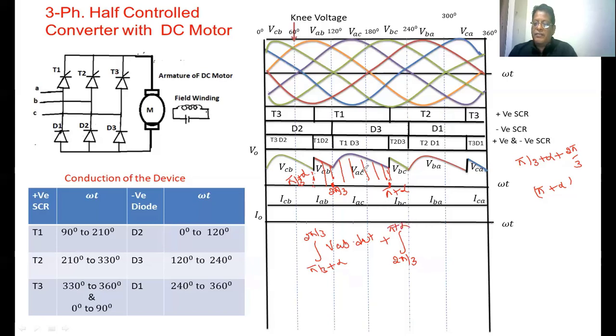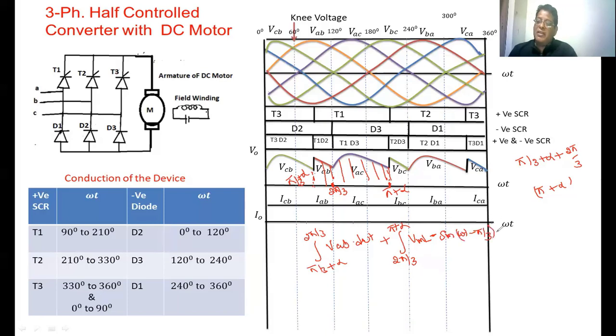This is VAC. VAC is VML into sine of omega t minus pi by 3.